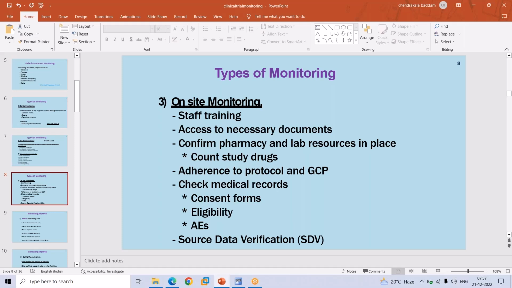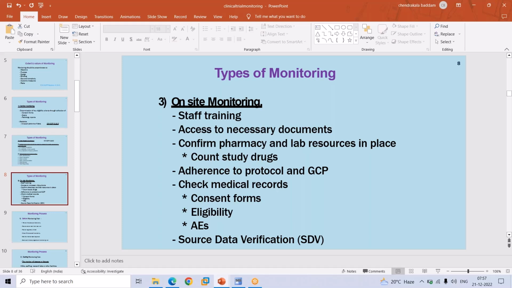Whether the pharmacy and lab resources are in place to check the accountability of the drug, the dispensing of the product, and the storage of the product, and to perform the lab tests.